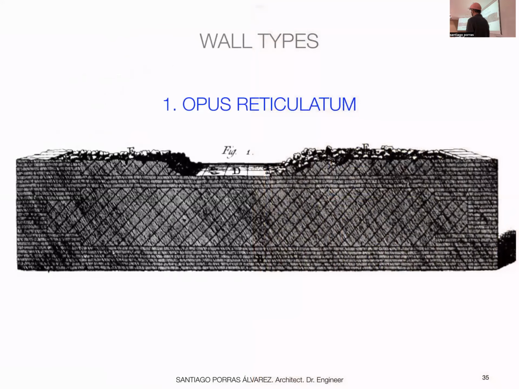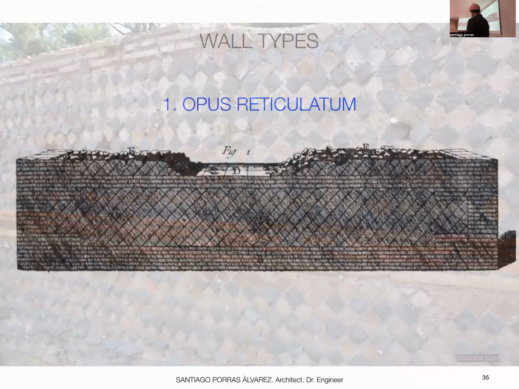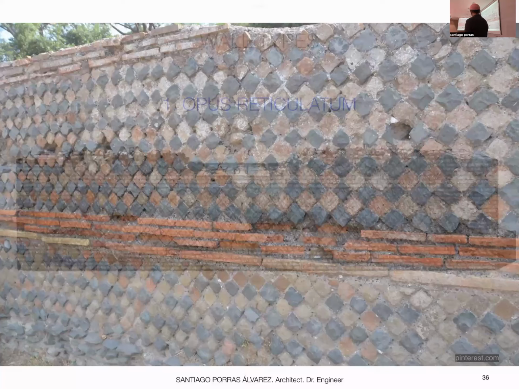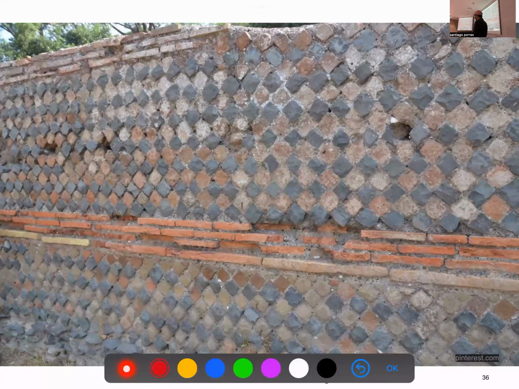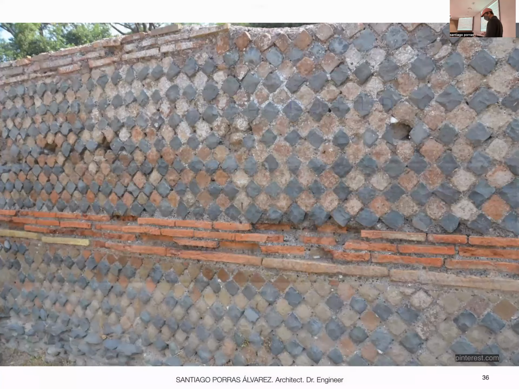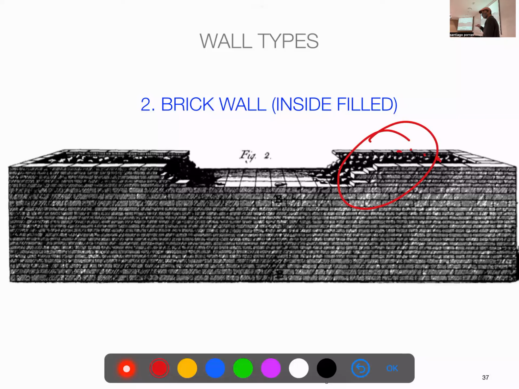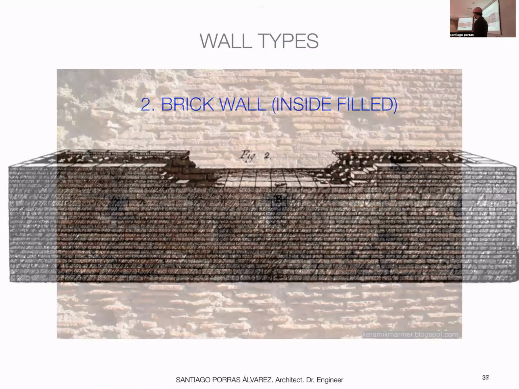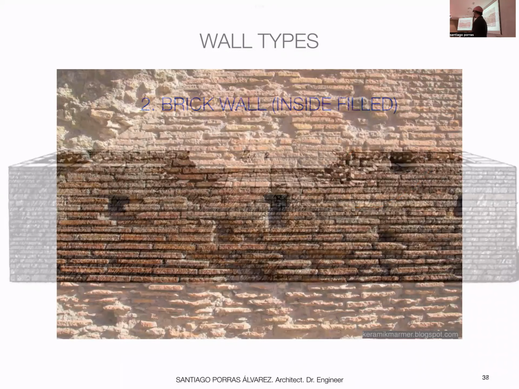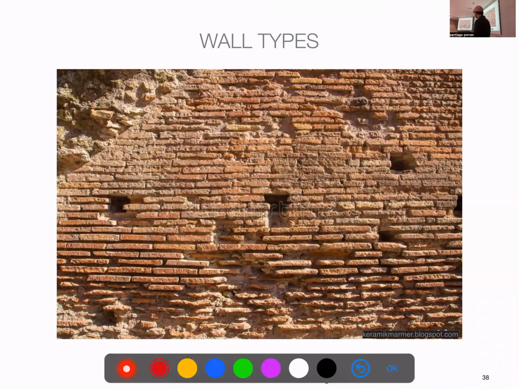So again, the ways of putting the bricks in a kind of geometrical pattern, of which we still have remains from Rome. The brick is filled inside with stone to economize, which is still most of the construction we have from the monumental buildings.